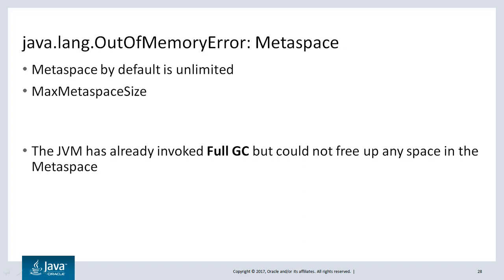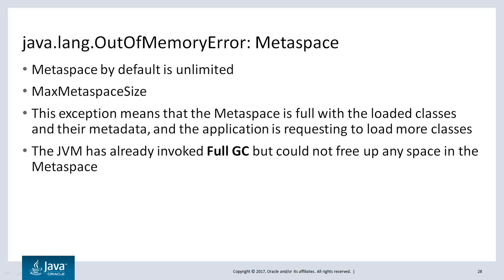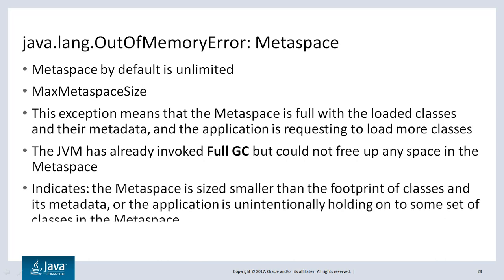So the out of memory error for the metaspace means that the metaspace is almost full and its usage is close to the specified value of max metaspace size, and the garbage collections are unable to reclaim any space in it. This error could be an indication that the metaspace is sized smaller than the application's requirement for its classes and class metadata, or it may be a symptom of classes or class loaders related memory leak.